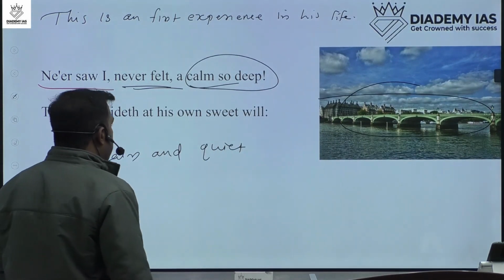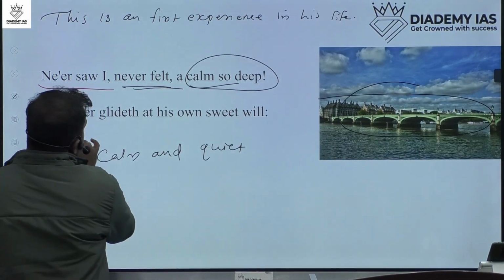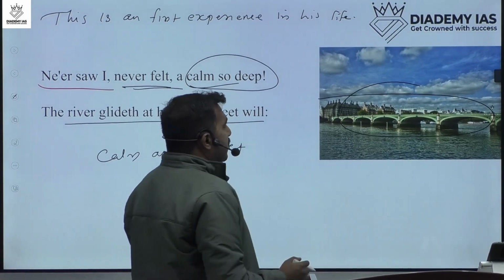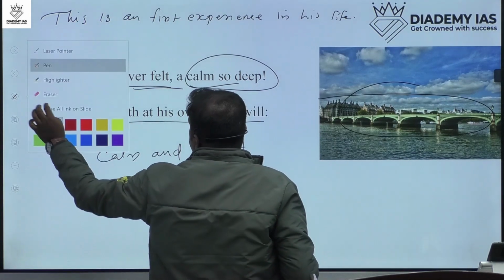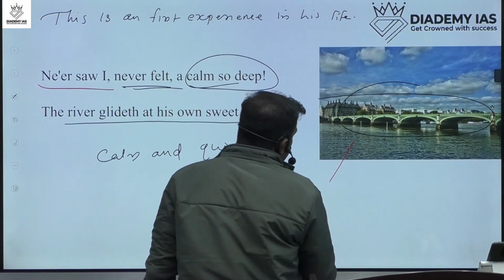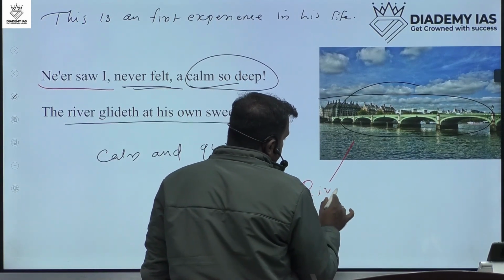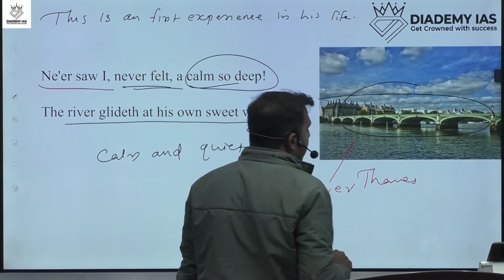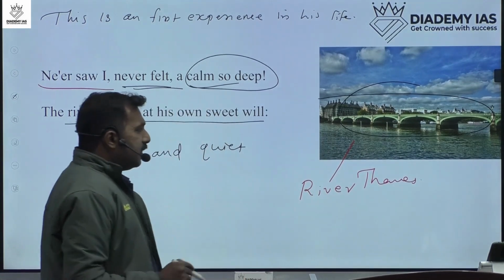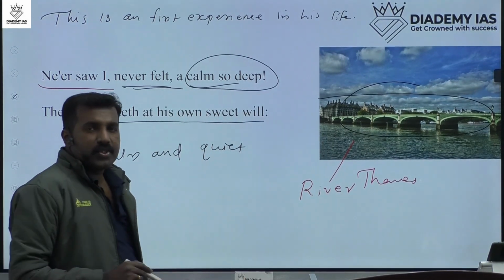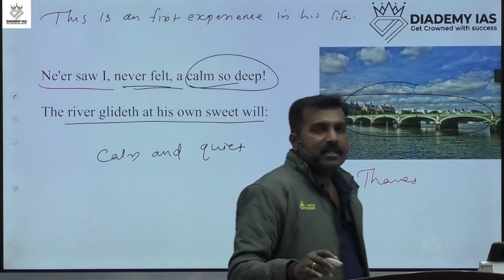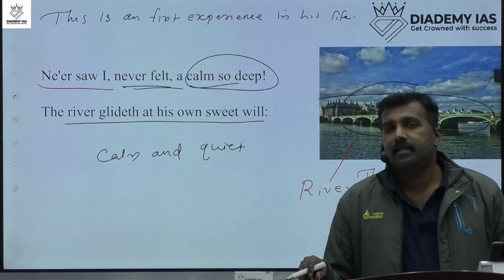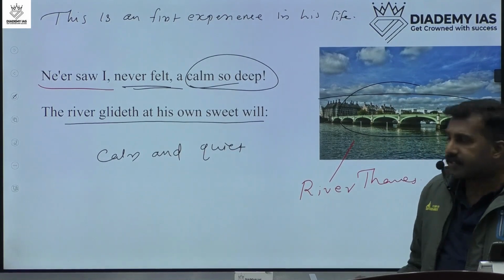It's very beautiful. And the river glides at its own sweet will. It means that the river Thames, Thames River, we know that that's an important river in England. And this Westminster Bridge is constructed over this river, Thames River.